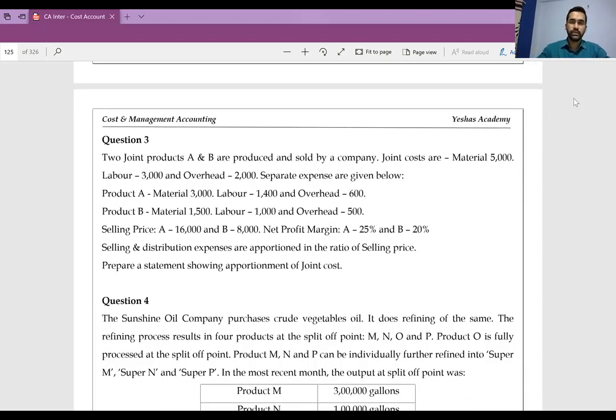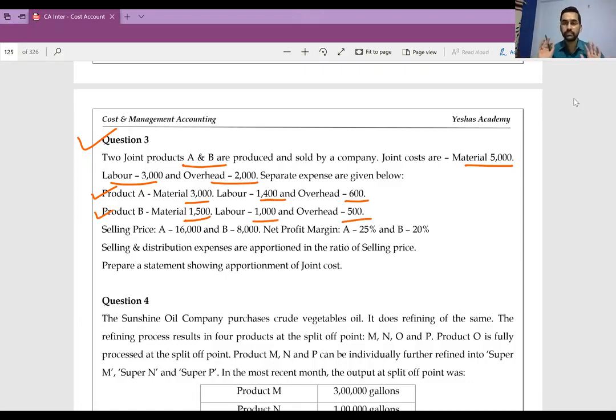Question number 3. Two joint products A and B are produced and sold by a company. Joint costs are material 5,000, labor 3,000, overhead 2,000. Separate expenses are also given to you: product A, material, labor, overhead; product B, material, labor, overhead.